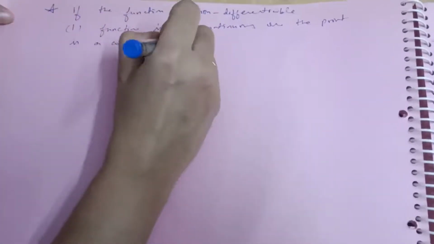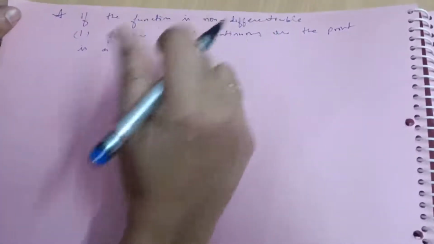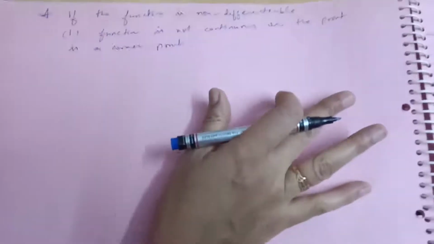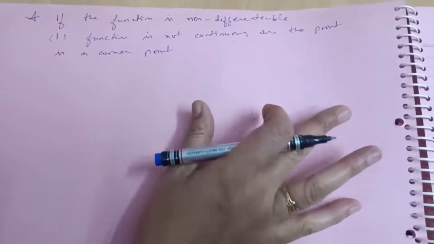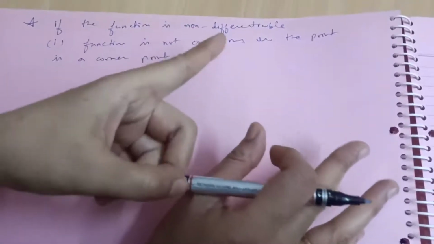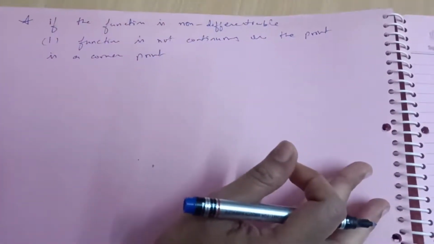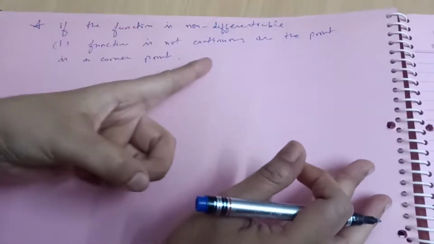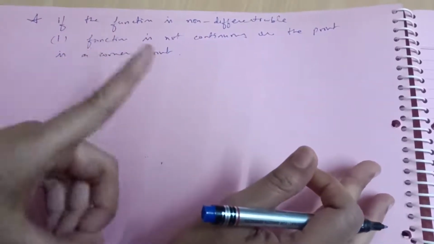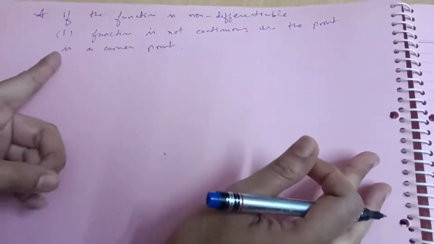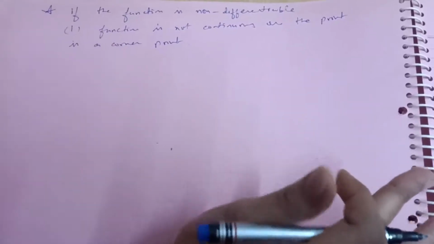Corner point means you are not able to draw the tangent. So function is differentiable means automatically surely it will be continuous. But if it is non-differentiable, it may or may not be continuous, or it's a corner point. Okay, that is one example I am saying.